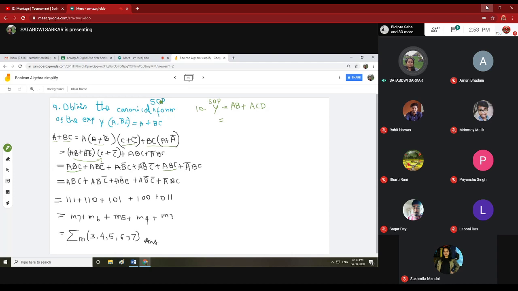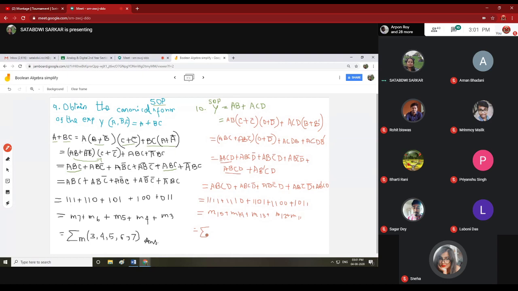This is M14. This is M13. And this is M12 and M11.